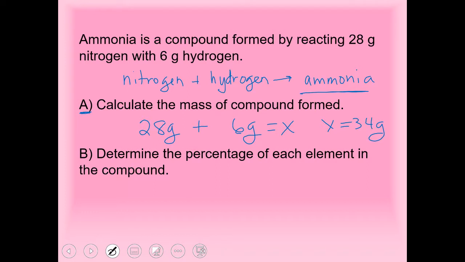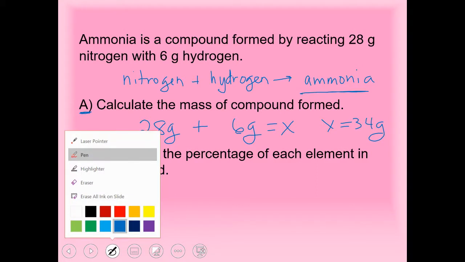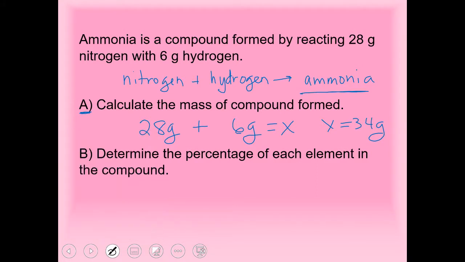Now this says determine the percentage of each element in the compound. Now you know that percent means what? Parts out of 100. And so the element is the part, so we'd have the mass of the element, and the whole is the compound, so we'd have the mass of the compound on the bottom.